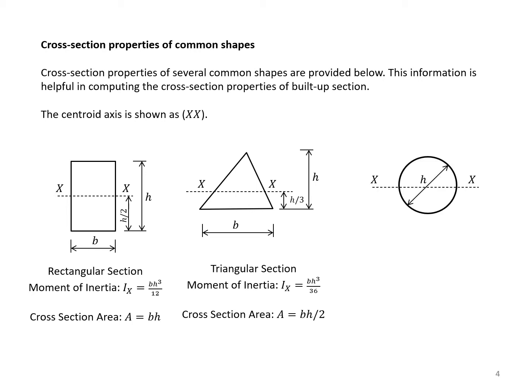For a circular cross-section, with respect to the x-axis, the moment of inertia Ix is pi h to the fourth divided by 64, and the cross-sectional area is pi h squared over 4, where h is the diameter of the cross-section. Please notice that this equation for Ix is with respect to XX. Do not mistake this with the polar moment of inertia, which is with respect to the center of the circle.